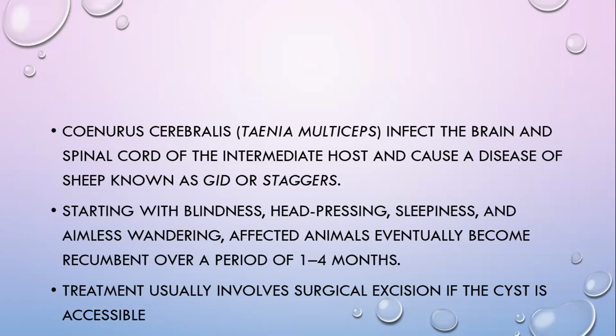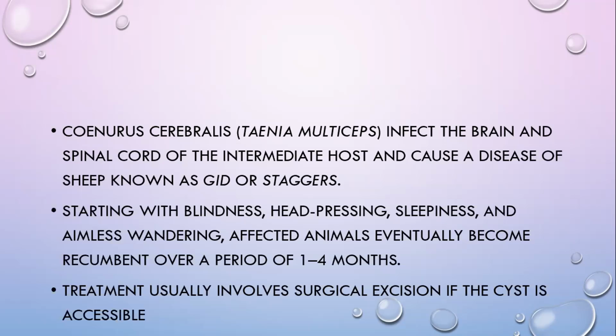Neurological signs can be seen, since it is affecting the brain and spinal cord of sheep, and that also depends on the location of the Coenurus cerebralis. If it is on the brain surface, then the animal holds its head high and tilts to one side. If it is in the anterior part, then the animal will step high.